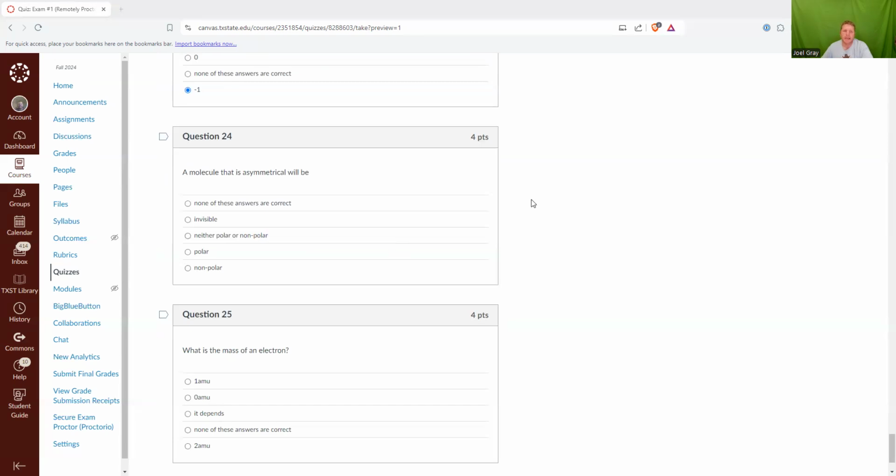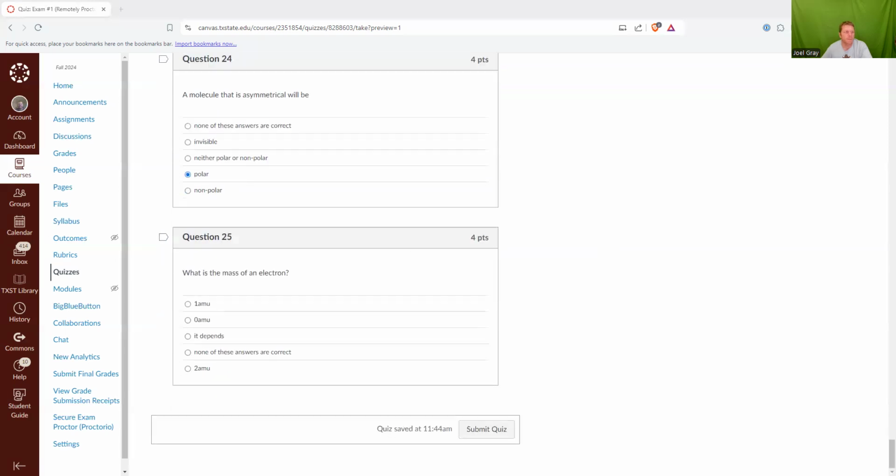A molecule that is asymmetrical, so something that is not symmetrical, will be polar. Because, well, it doesn't have symmetry. It's kind of like a battle of tug of war where one is winning. Okay, question number 25. What is the mass of an electron? The mass of an electron is effectively 0.